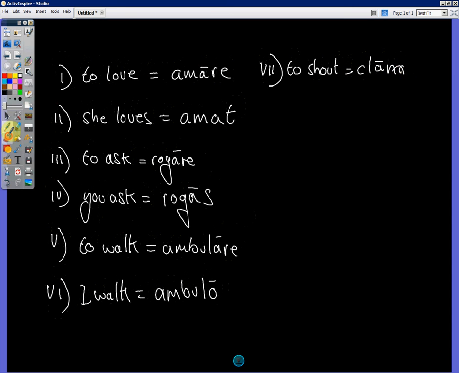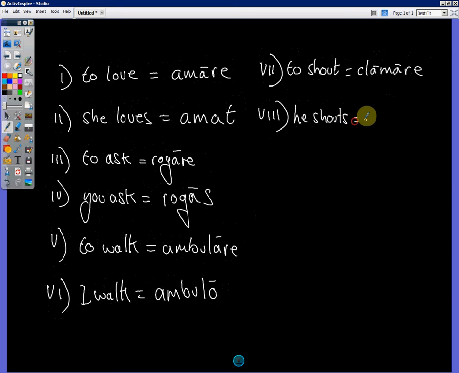To shout, clamare, to shout. Number 8 is he shouts.